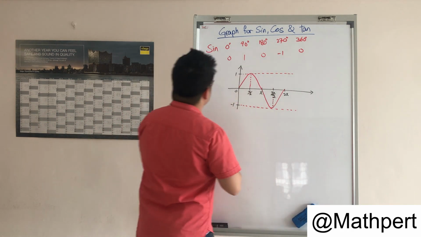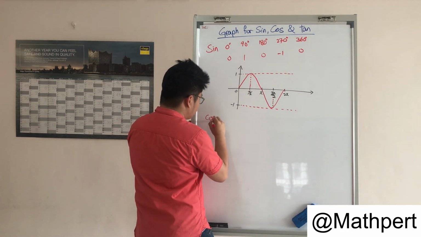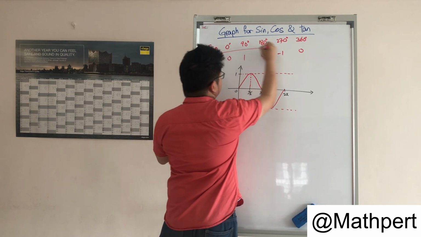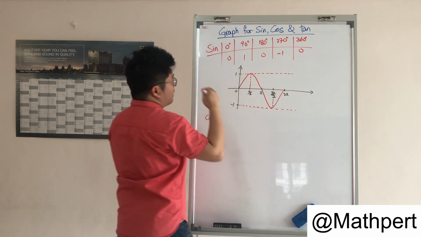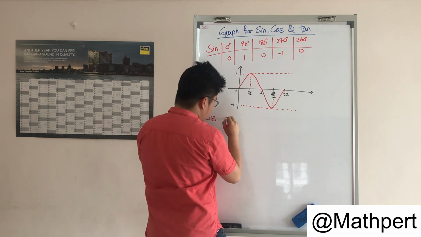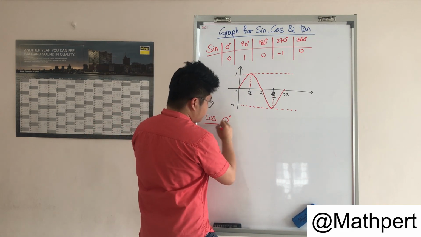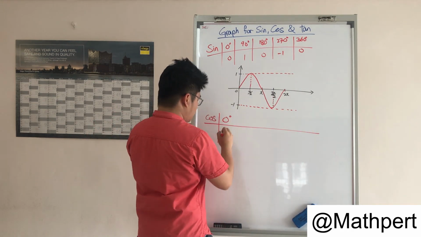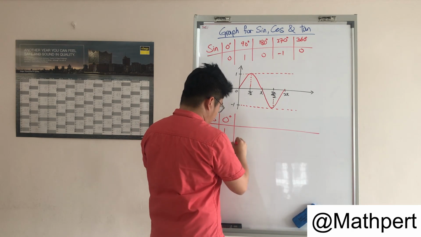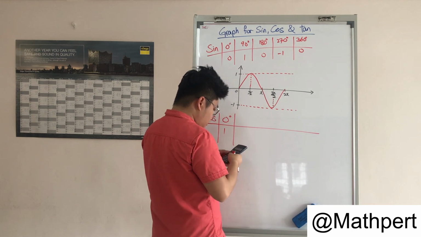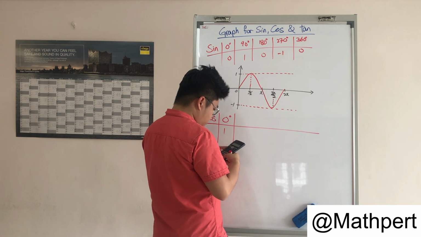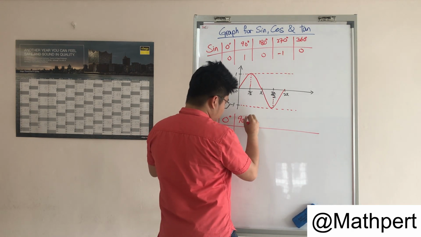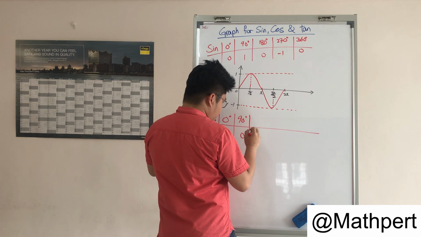Then how about the cos graph? So this is the table. Cos 0 degrees, you get 1. Cos 90, you get 0.